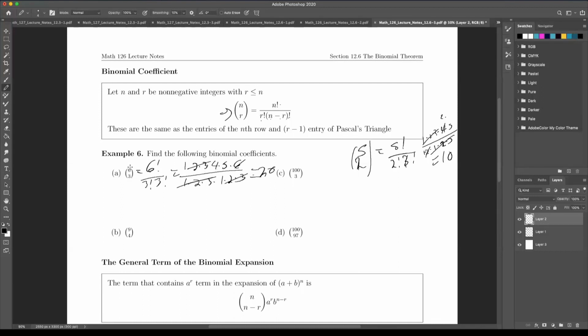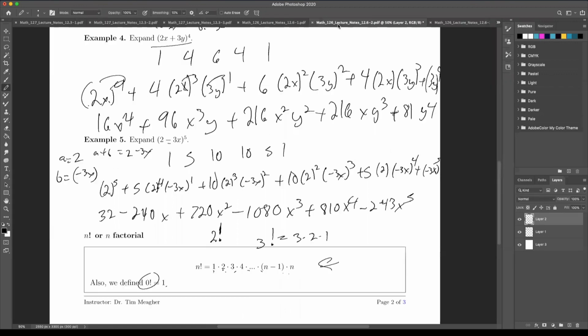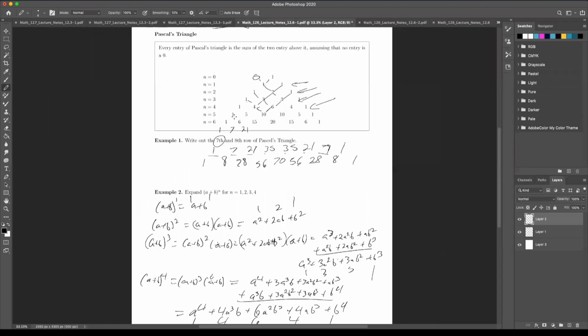So 6 choose 3 should be the fourth entry in Pascal's triangle. If we come here, that should be the same as our fourth, and our fourth entry indeed is 20.